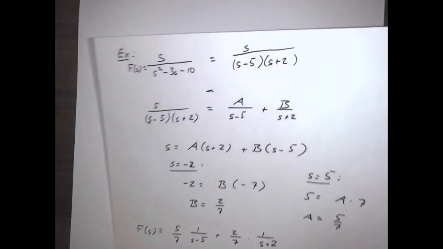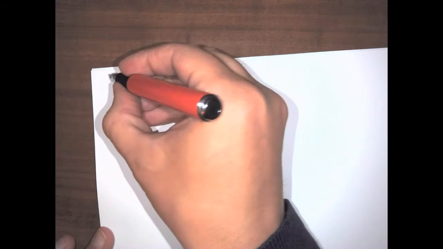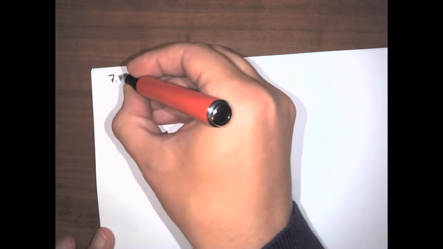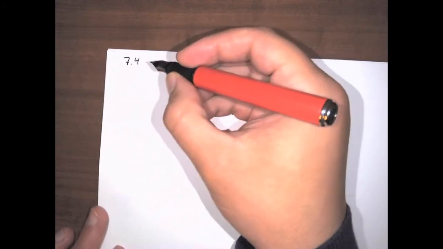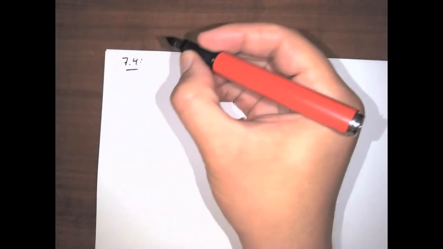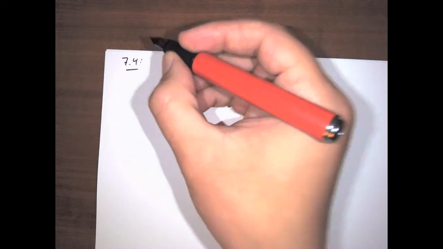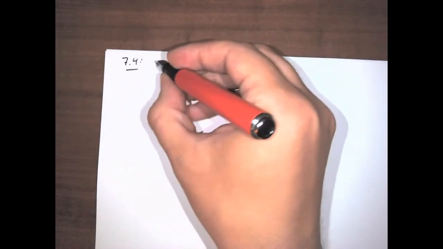Now in section 7.4, what we are going to do is approach some of these very same problems by some other means. Again, we're going to be developing lots of different ways of skinning these cats. So 7.4 has to do with derivatives, integrals, and products of transformations.